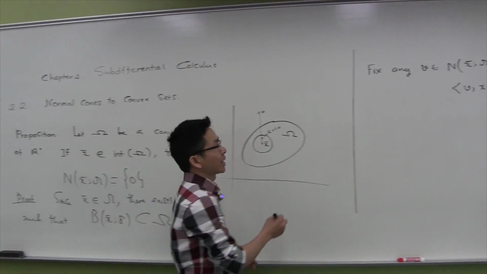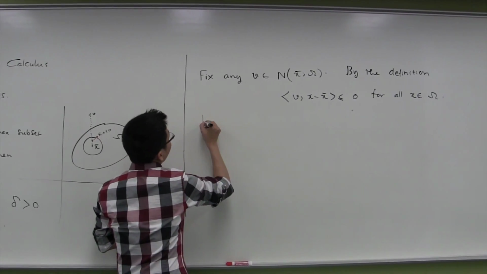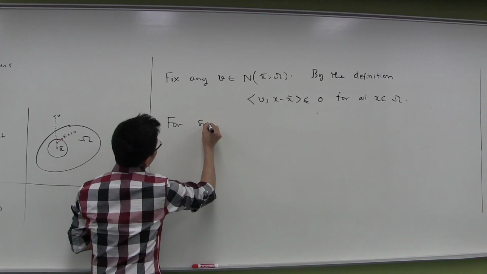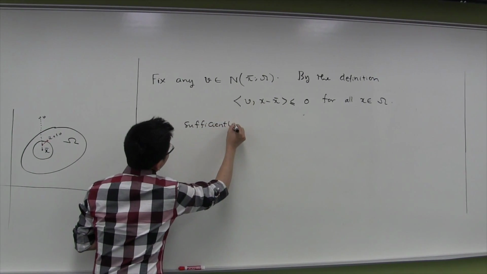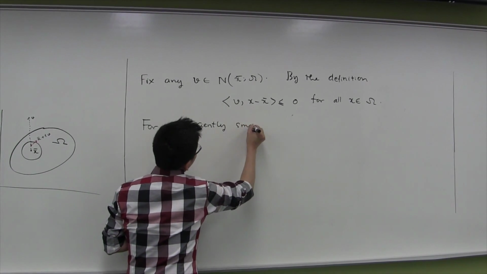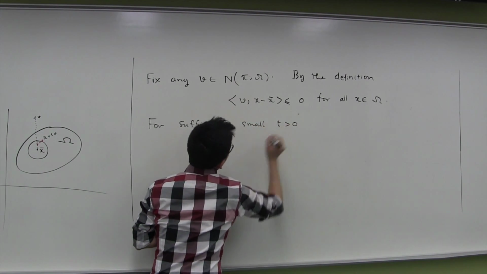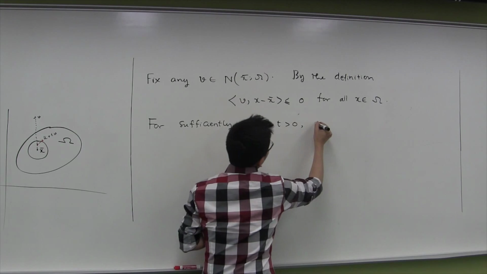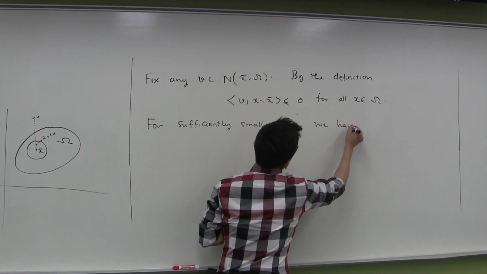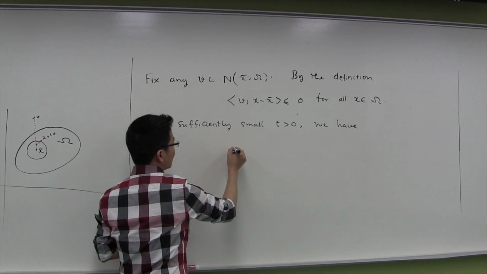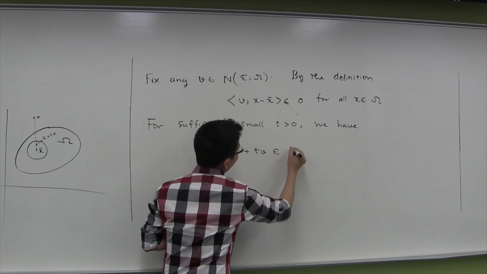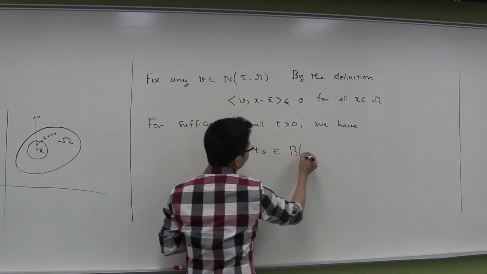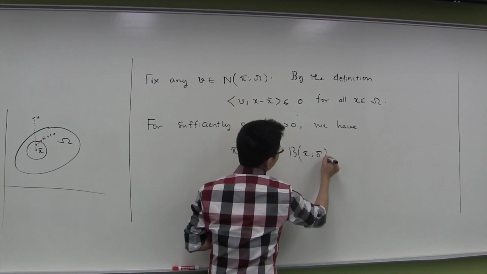Okay, so we have the following argument. For sufficiently small t greater than 0, we have the following: x bar plus tv belongs to the ball with center at x bar and radius delta.